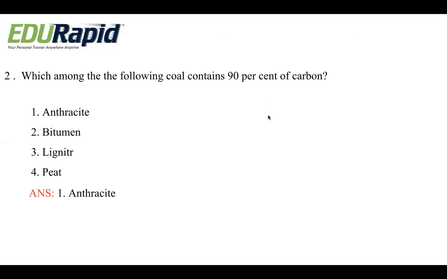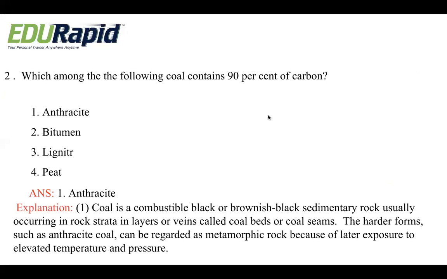You have the answer, that is the first option, anthracite. So coal is a combustible black or brownish-black sedimentary rock occurring in rock strata in layers of veins called coal beds or coal seams.